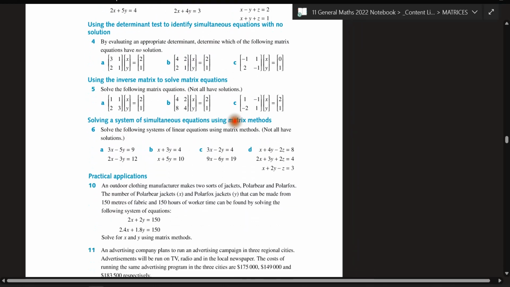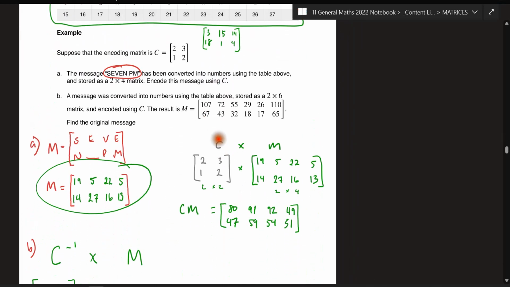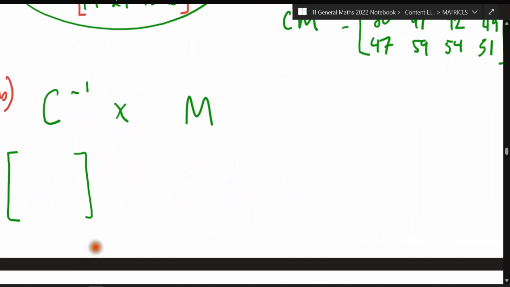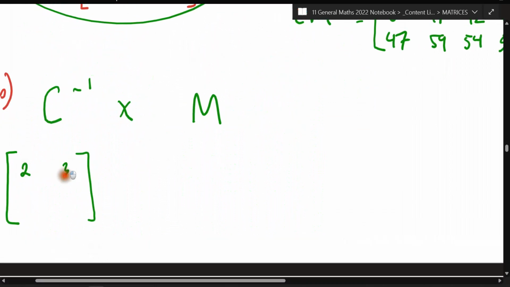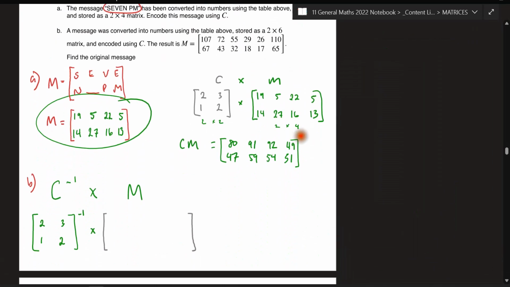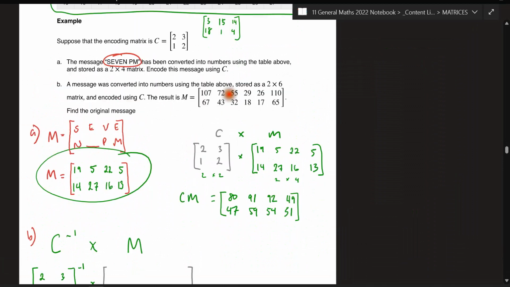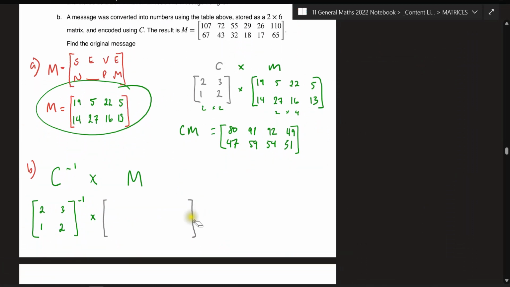So it's 2, 3, 1, 2 for matrix C. And remember, you're inverting that and multiplying it with the M matrix for question B. So it's those crazy numbers that you can't really match with that matrix. So what's this going to do? Well, it's going to decode the message for us.